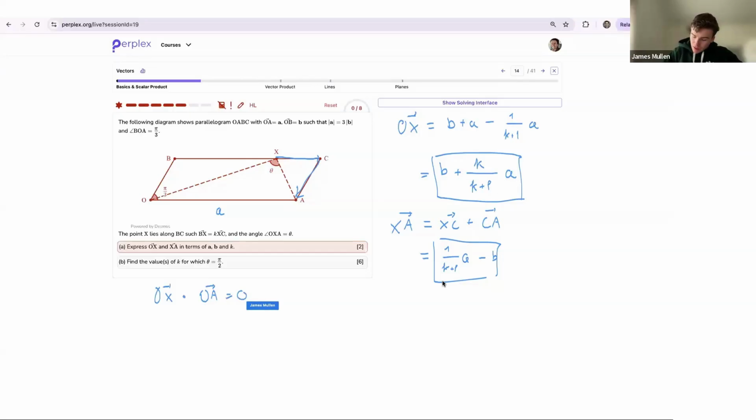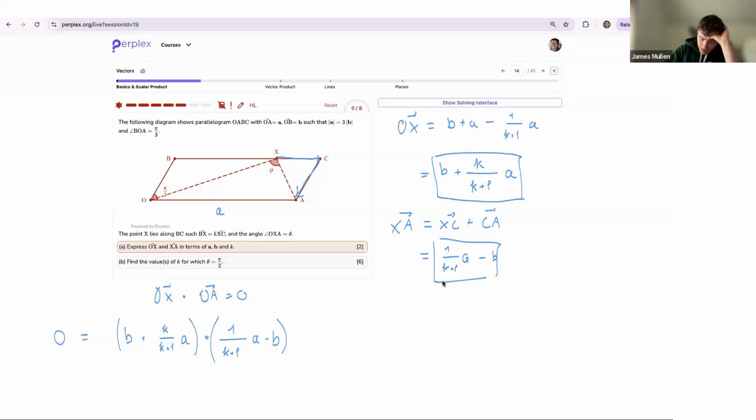And I can write that out as B plus K over K plus 1 A, dotted with 1 over K plus 1 A minus B, is equal to 0. Now let's expand this.